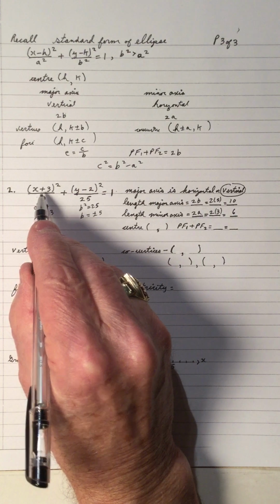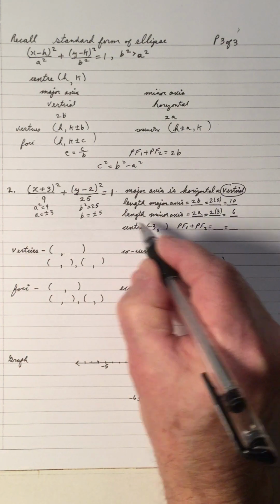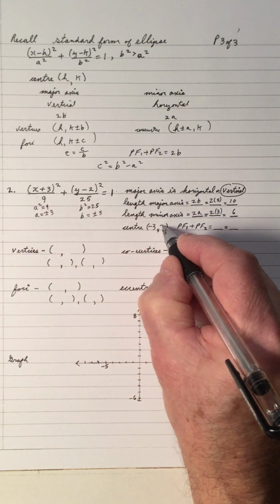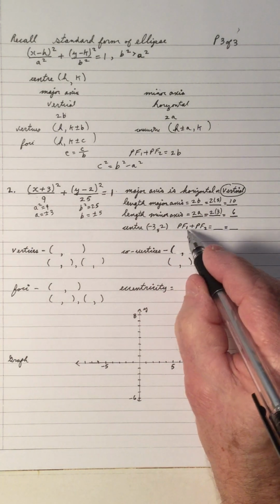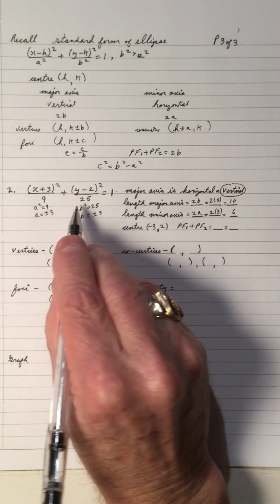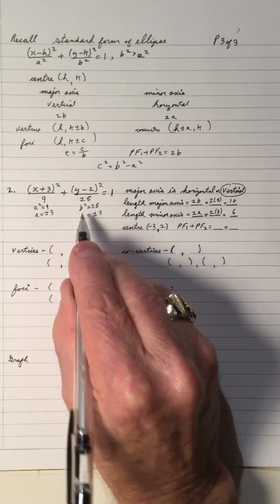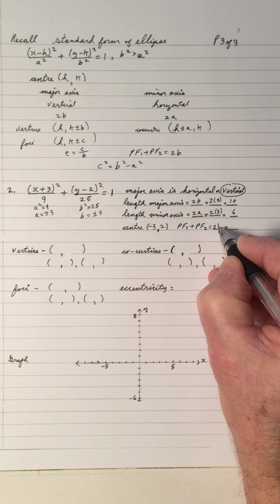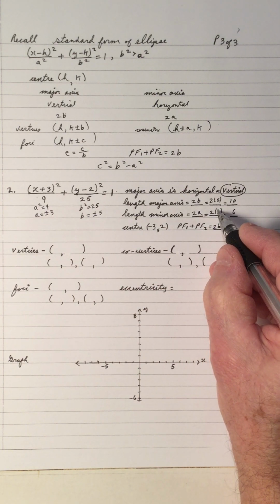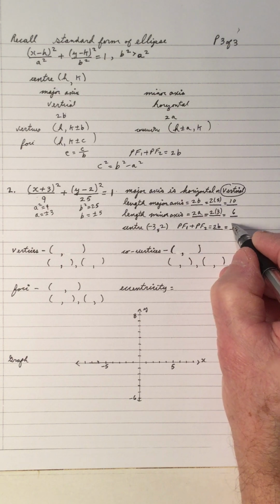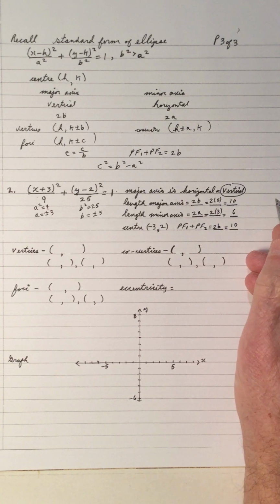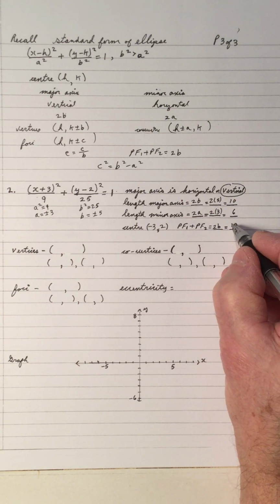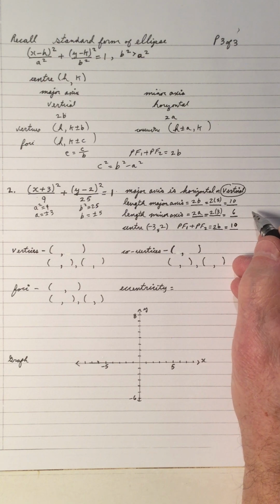The center is the opposite of plus 3, which is minus 3, and the opposite of negative 2 is 2, so (-3, 2) is the center. PF1 plus PF2 is the major. The major is 2b, and 2b becomes 2 times 5, so the length of the major is 10. And we'll use that fact when we do some problems.